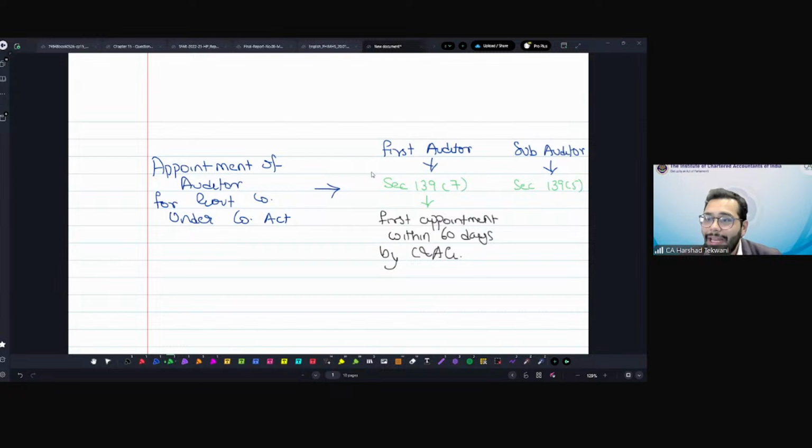Now what 139.5 says, that C&AG will appoint auditor, who is duly qualified under the Companies Act by fulfilling requirement within a period of 180 days from the commencement of the financial year. So now appointment will happen within 180 days from commencement of the financial year.